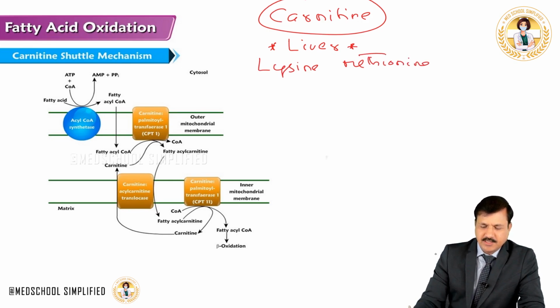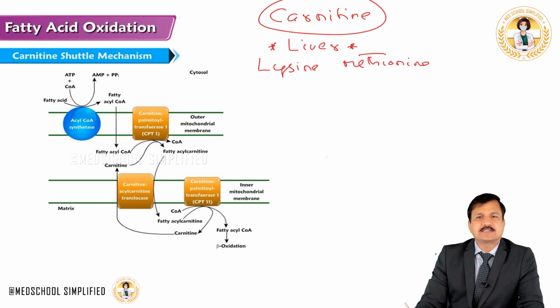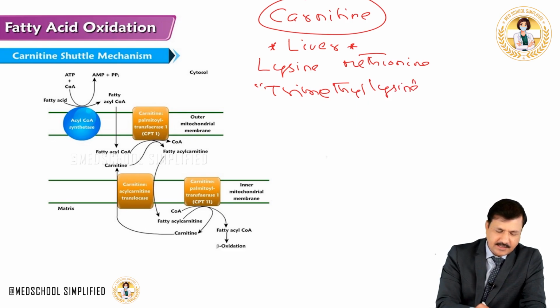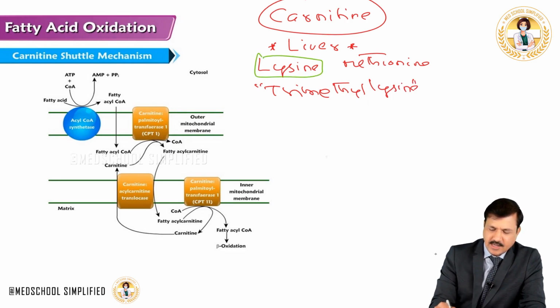Now what happens in the liver is lysine is methylated to become trimethyl lysine, and that uses these two amino acids, lysine and methionine.